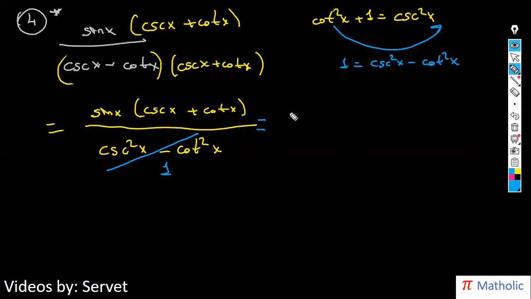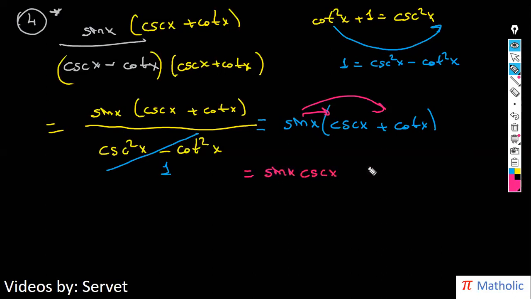What is left here is sine x times cosecant x plus cotangent x. So let's distribute. You will get sine x times cosecant x plus sine x times cotangent x.